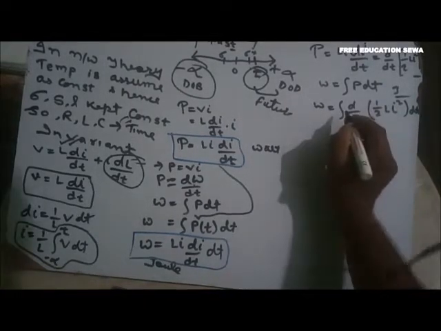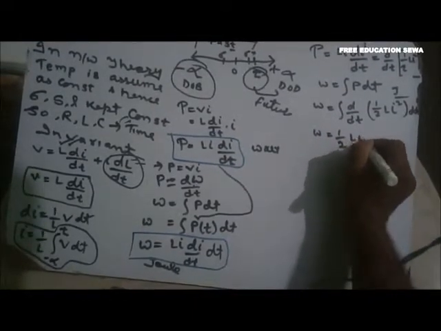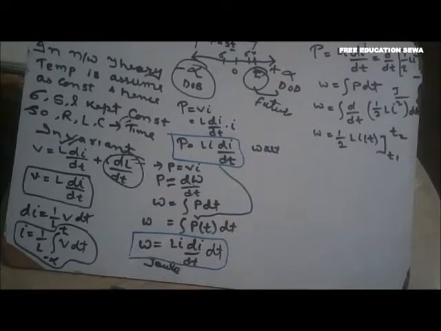Finally, dt cancels out, so we will get W equals half Li square, time variant between T1 and T2. The integration and differential cancel out. L is constant, so it comes out, and the differentiation of i square is 2i di, so we will just get this one.